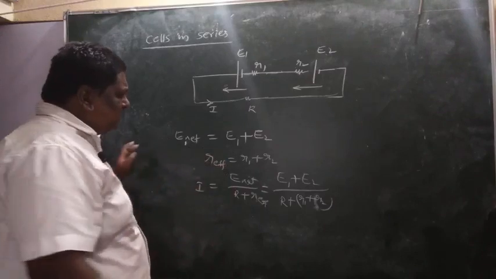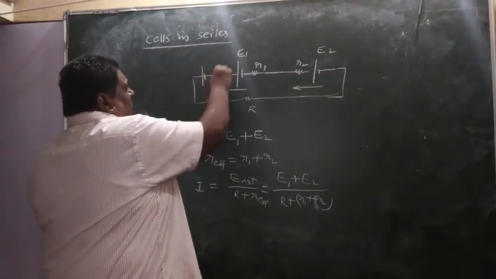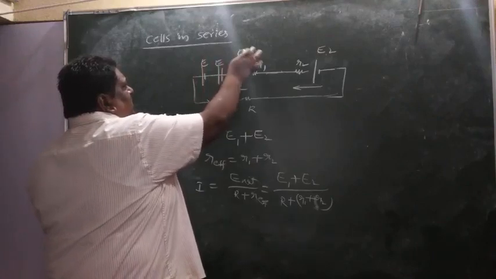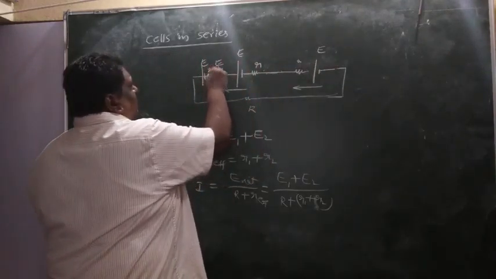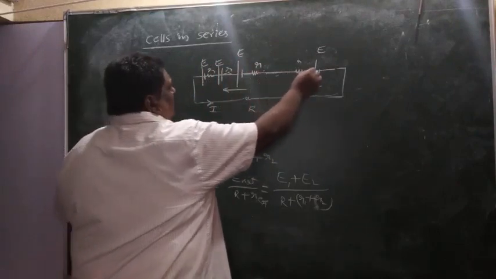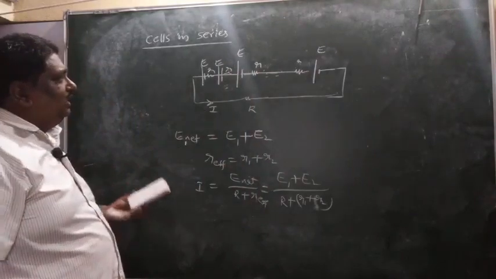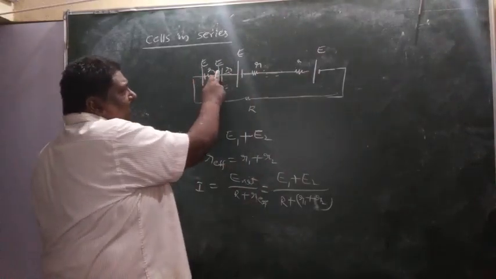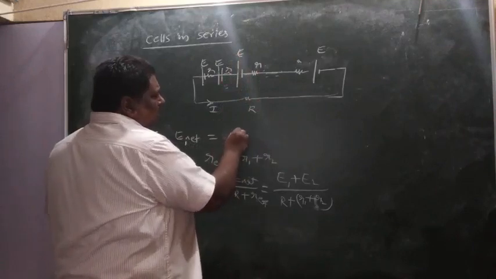Suppose so many cells are there, like this. All are E, and everyone has some internal resistance r, like this. Then what is the E net? E plus E plus E and so on, nE.